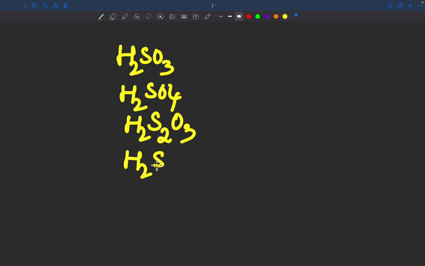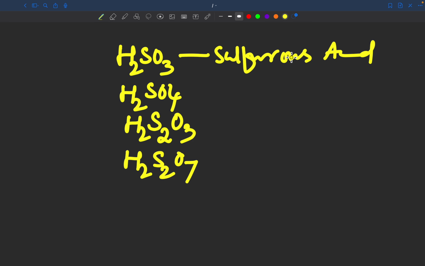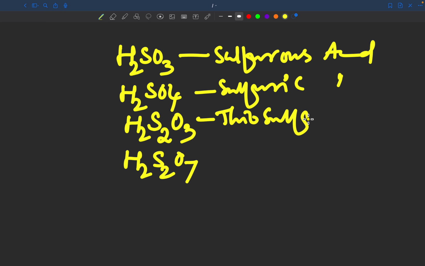Last one is H2S2O7. Sulfurous acid, sulfuric acid, this is thiosulfuric acid, this is pyrosulfuric acid, also known as oleum.